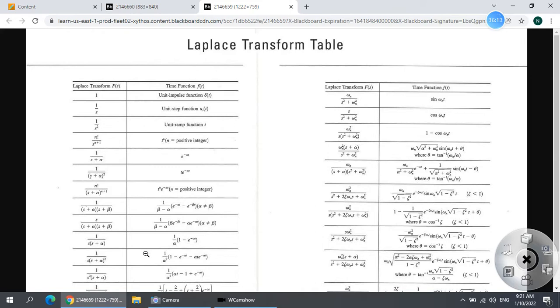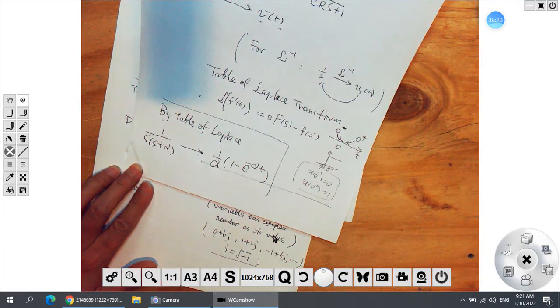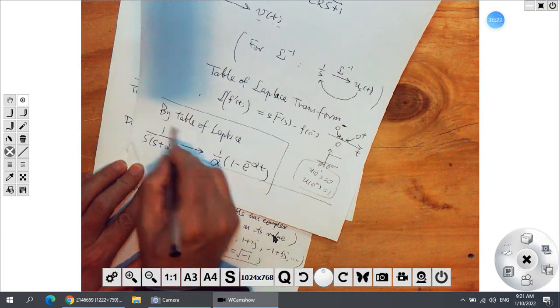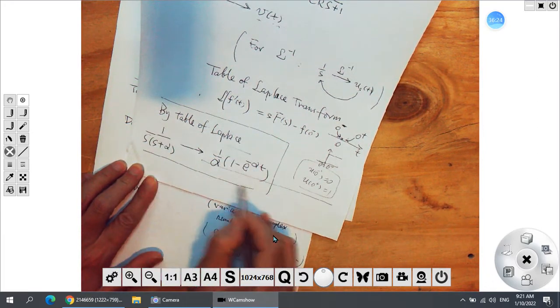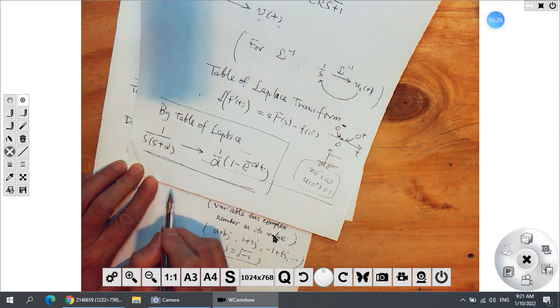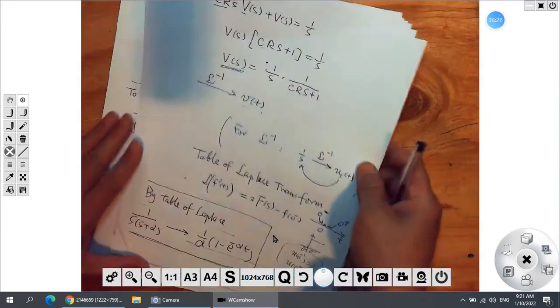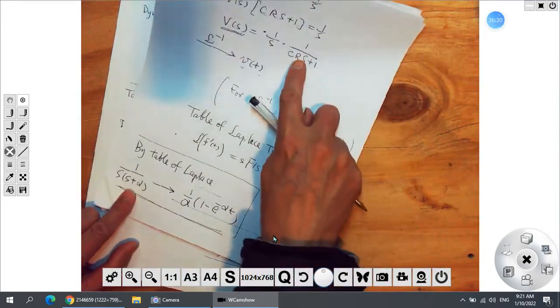Okay, I copy this line, this pair, right? Now let's go. By the table of Laplace transform, we have this one.